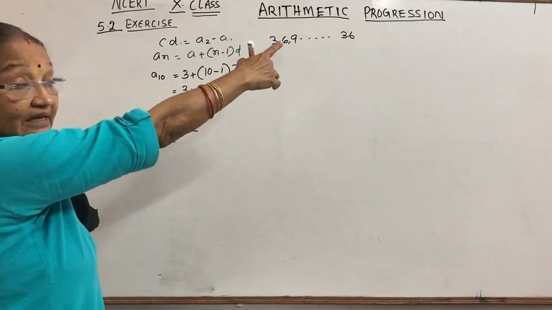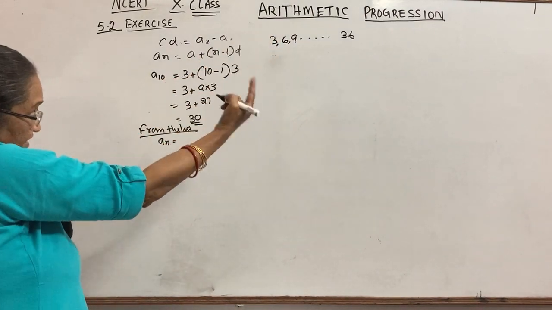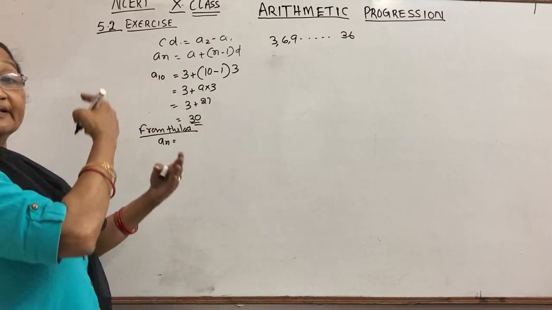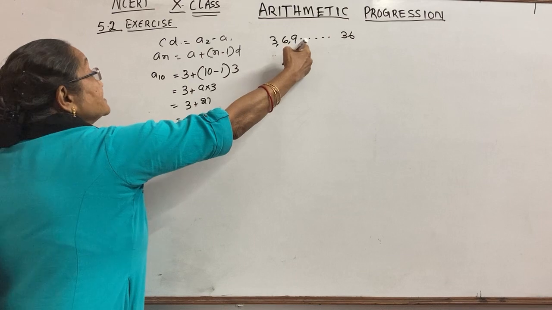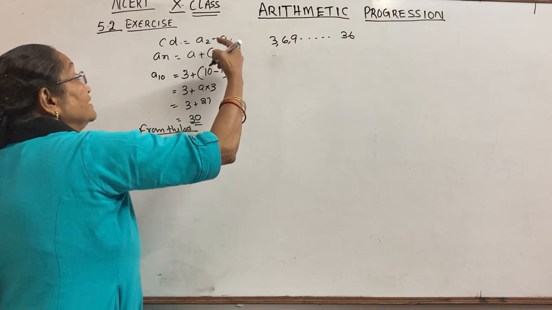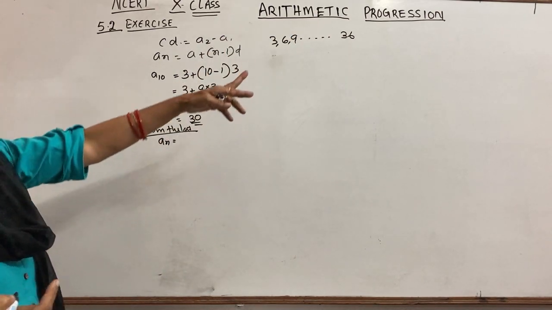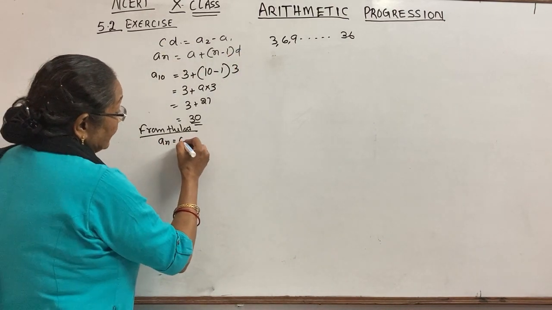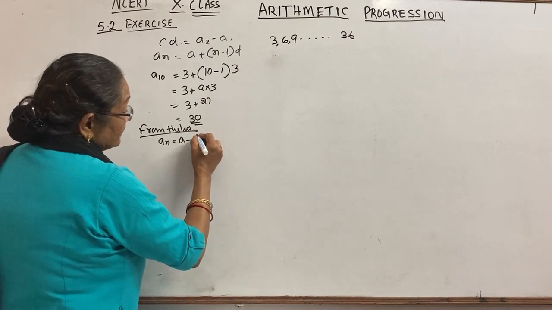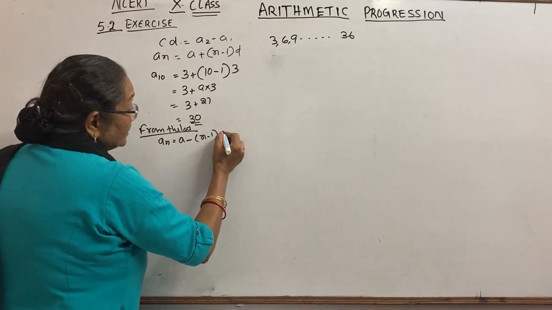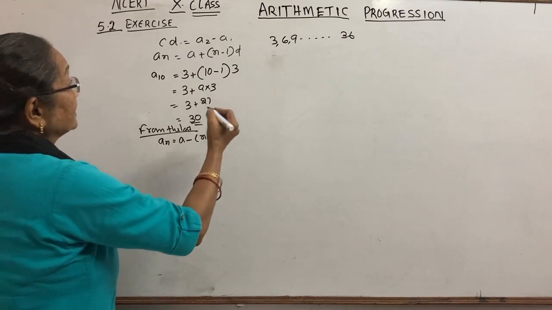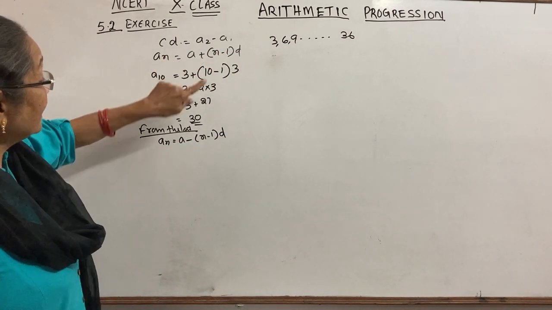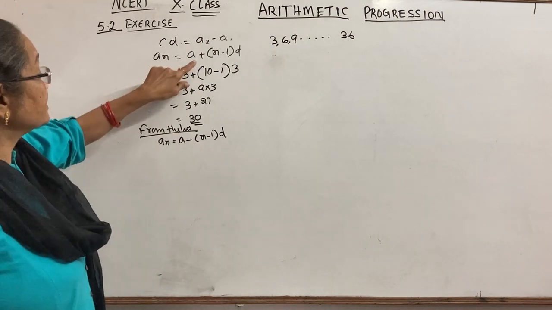That becomes our A, because before 36 what is there? Then the third term, fourth term, fifth, sixth, seventh, eighth, ninth, 10th term, like that it will come. So our first term here becomes 36. So now A minus n minus 1 into d. Here our actual original formula is A plus n minus 1 into d, only plus will change to minus.